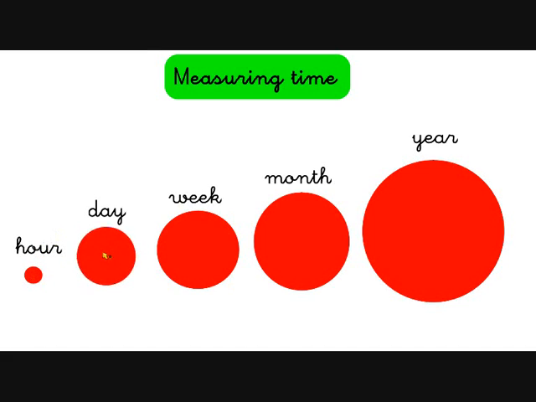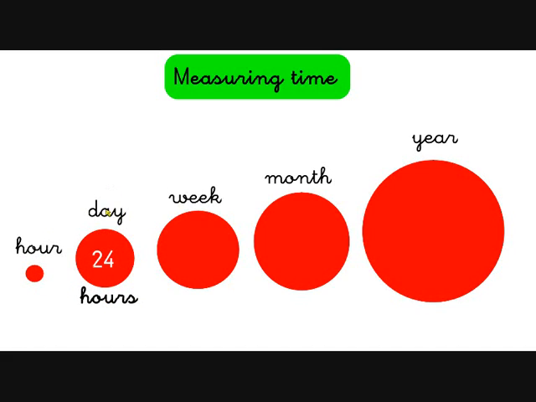But this second circle is bigger. So 1 hour is little, and a day, how many hours has one day? Okay, let me see. 24 hours. Yes, so that's why the day, the circle, is bigger than the hour, because here there are 24 of these little hours.